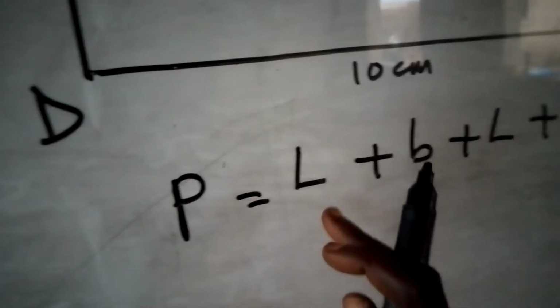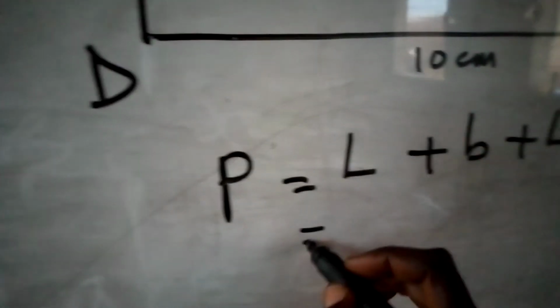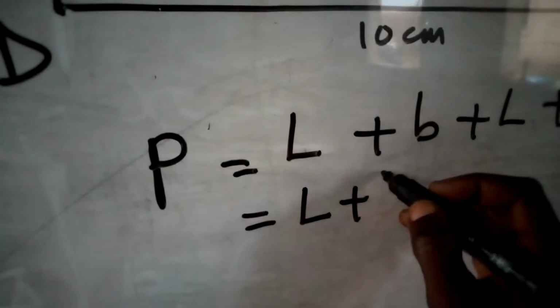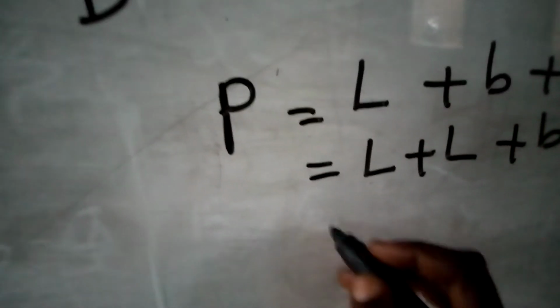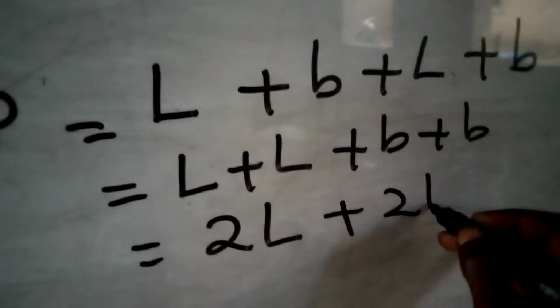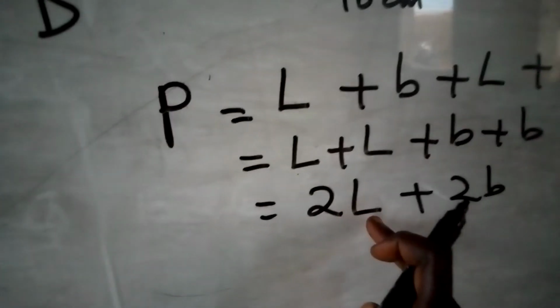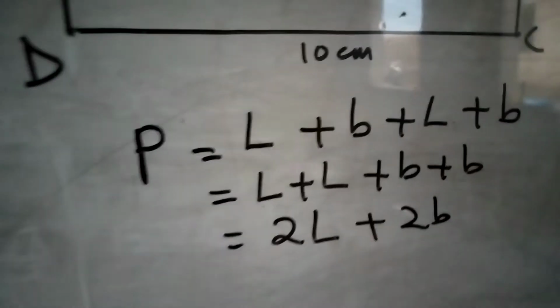Okay? That means, look at it, I will collect my like terms. That means length plus length gives me 2 length, and breadth plus breadth gives me 2 breadth. So you can see my perimeter gives me 2 times length plus 2 times breadth. All right, lovely.